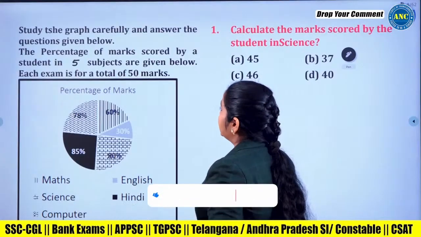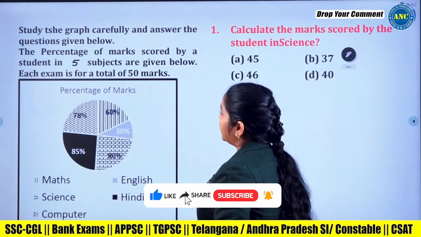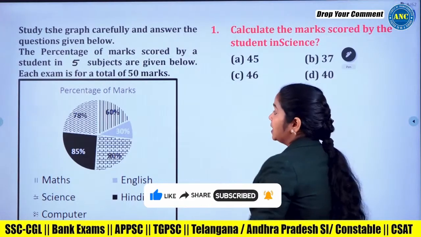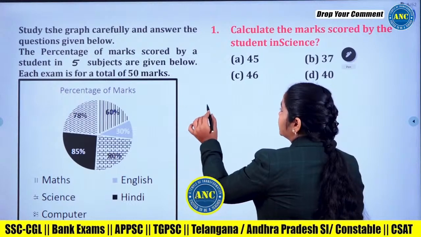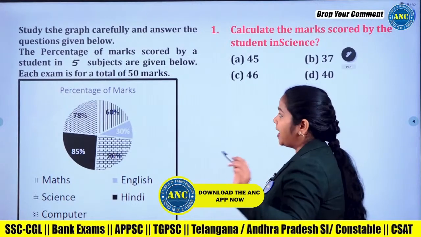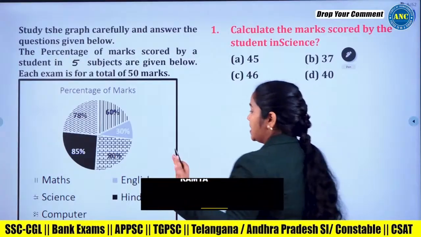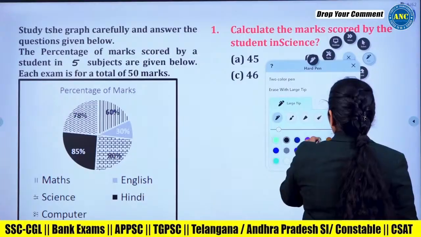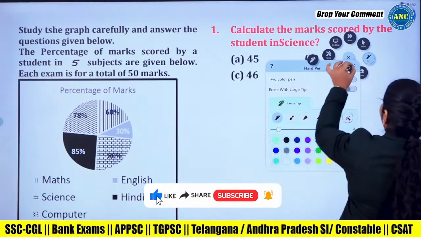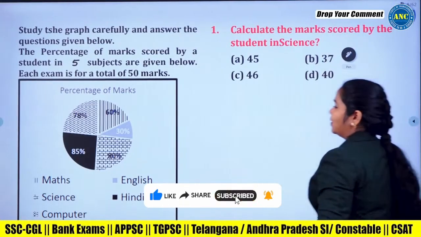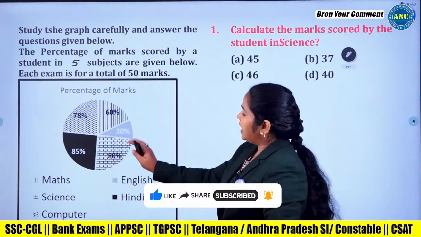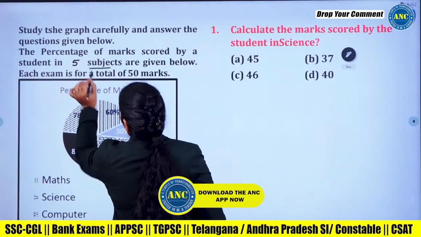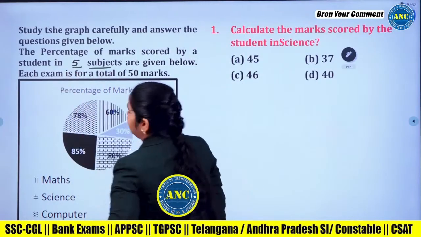Read the question. Study the graph carefully and answer the questions given below. Here they are saying that the percentage of marks scored by a student in 5 subjects are given below. So, there are 5 subjects. I'll change the color of the pen. We were loving green color, no? Let me go with green color only. Marks of 5 subjects are given, right?